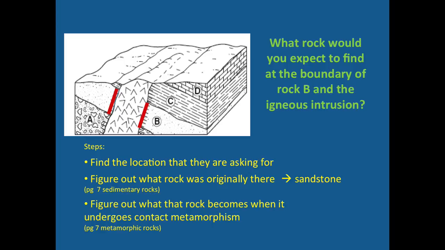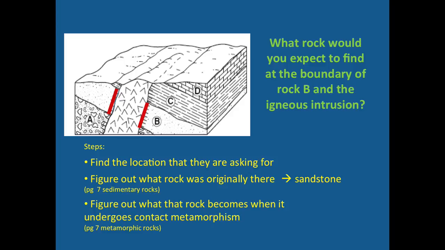Now you need to know what rock sandstone will become when it goes through contact metamorphism. To find that, you're going to go to page 7, Metamorphic Rocks, and you're going to look at the 4 rocks on the bottom. All 4 of those can be created by contact metamorphism, and you're going to look under comments where it says metamorphism of, and in this case you're going to look for metamorphism of sandstone.